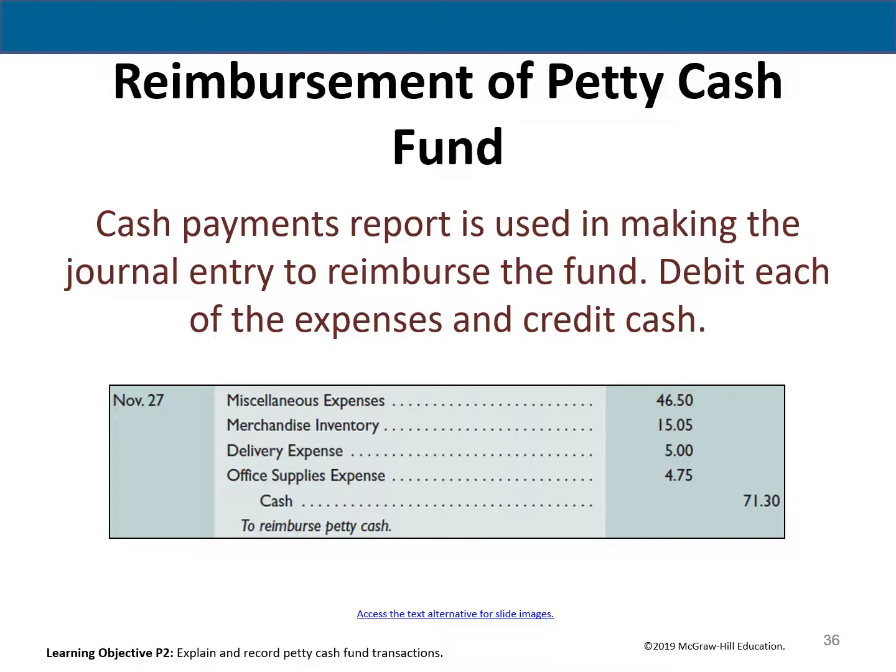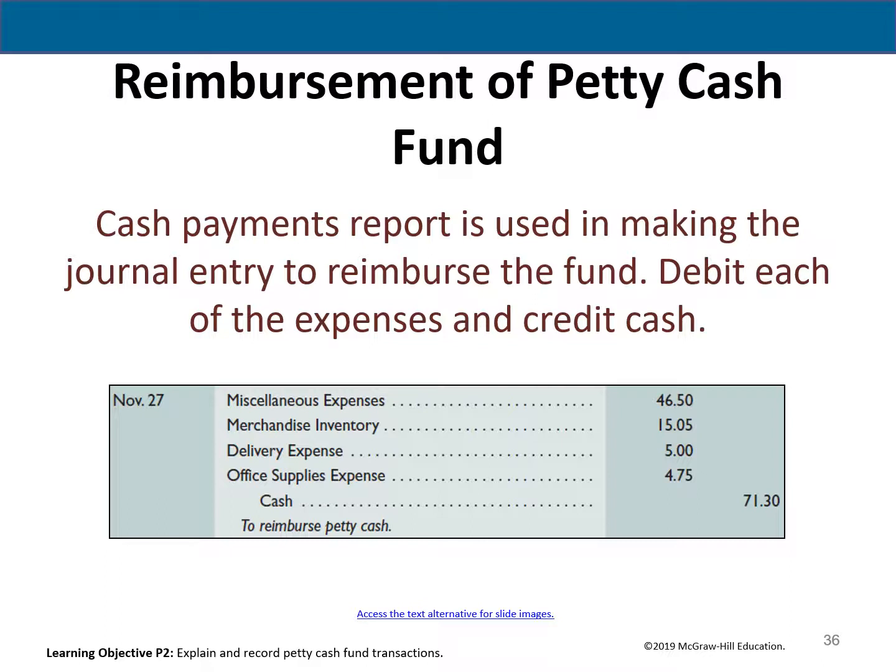And then office supplies expense was debited for the office supplies. Then we credit cash. Notice we aren't doing anything to the petty cash account now. Why? Because we got the cash from the cash account to reimburse the petty cash. So at no time do we do anything to the petty cash fund for these transactions.